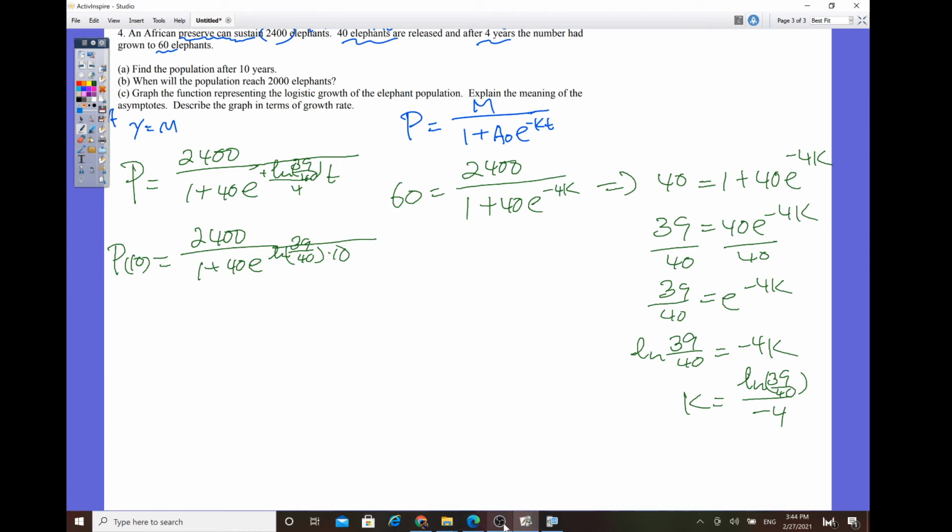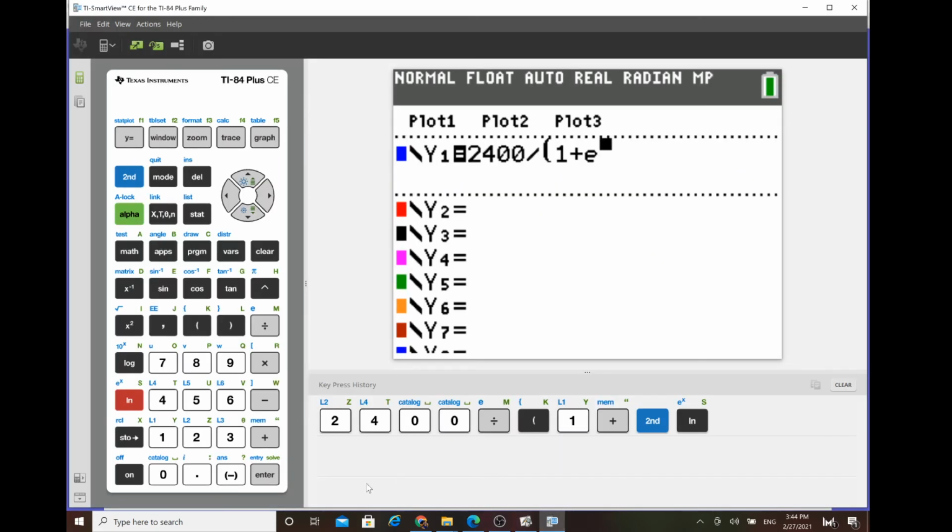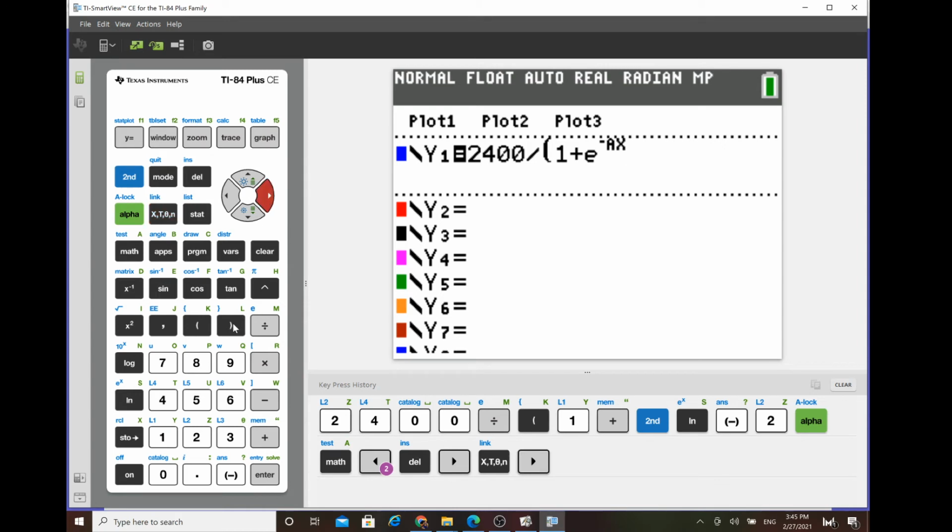So negative alpha A, because we just stored that number in A. Negative A times the variable t, and in this variable here, that is just x. Then bring down the cursor, close parentheses. That's the model we want.